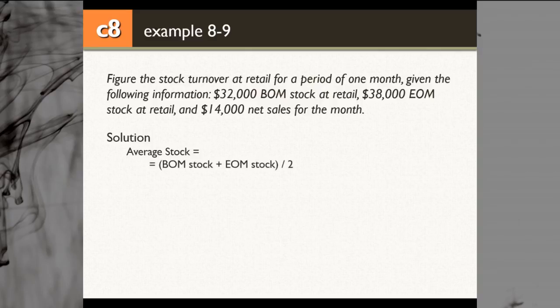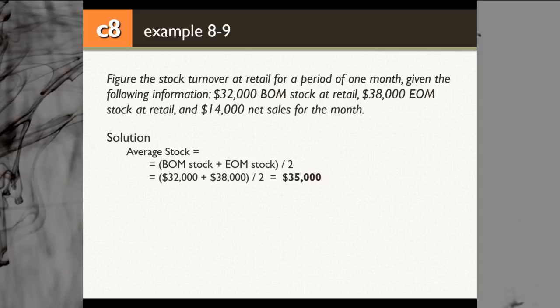So your BOM stock plus EOM stock divided by 2 gives the average stock for the month. That will be $32,000 plus $38,000 divided by 2. Then you get $35,000 as your average inventory.